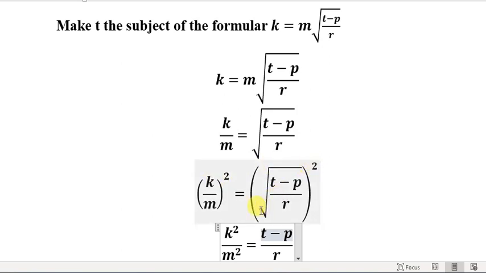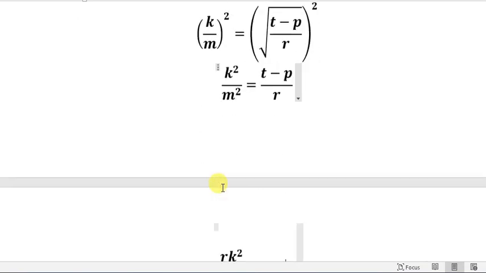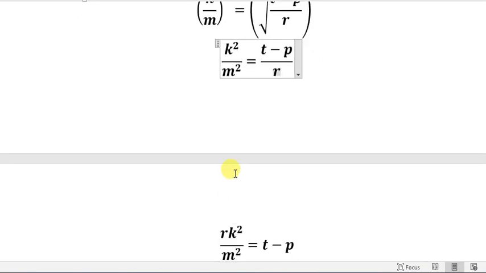And so we have root t minus p over r squared equal to k over m all squared. Doing that will therefore nullify the square root sign, which used to serve as an umbrella for t minus p over r, resulting to the left hand side becoming k squared over m squared.